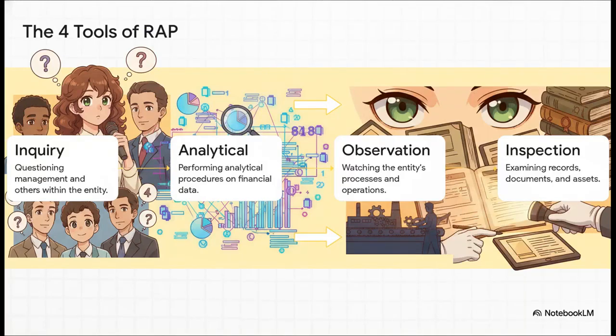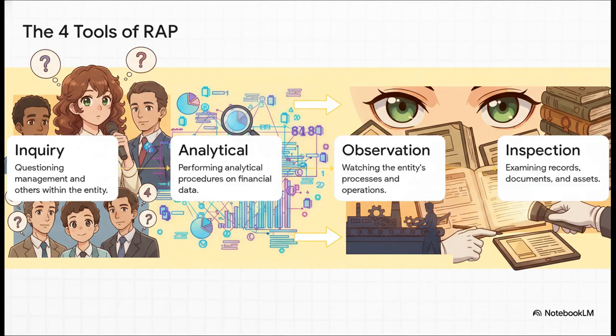And this is that forensic toolkit we've been talking about. There are 4 core tools. First, you've got inquiry. That's just what it sounds like, asking a ton of questions to management and staff. Then, analytical procedures. This is where you crunch the numbers, looking for anything that seems weird or out of place. Third is observation, literally just watching the company's processes in action. And finally, inspection.